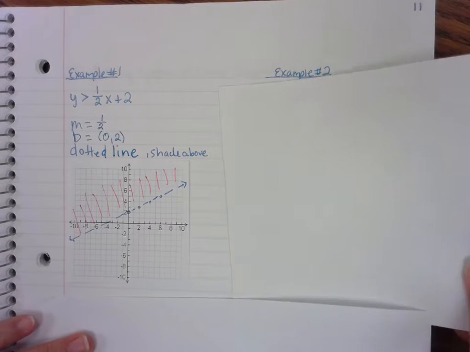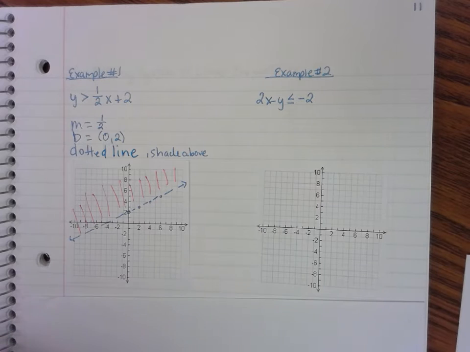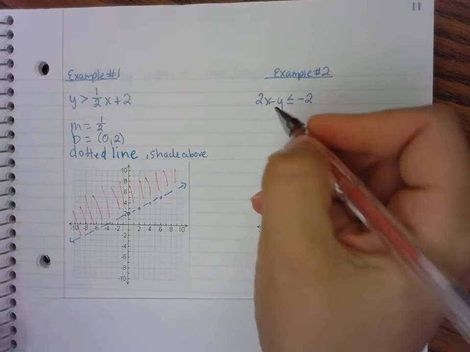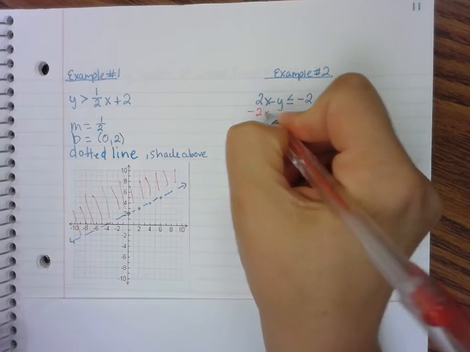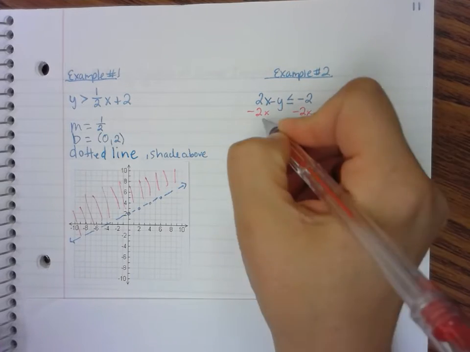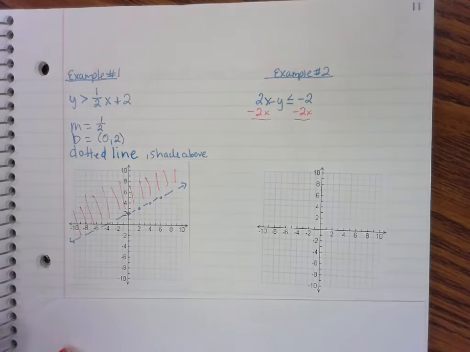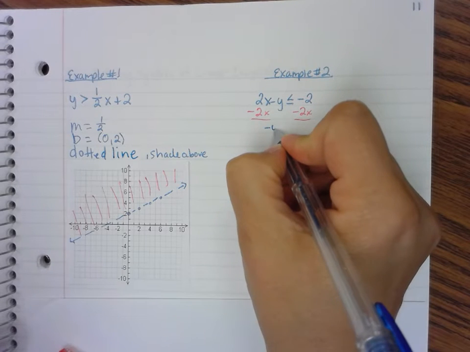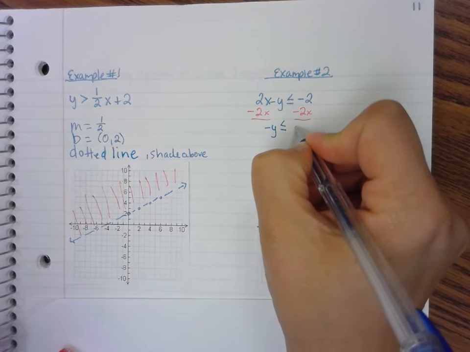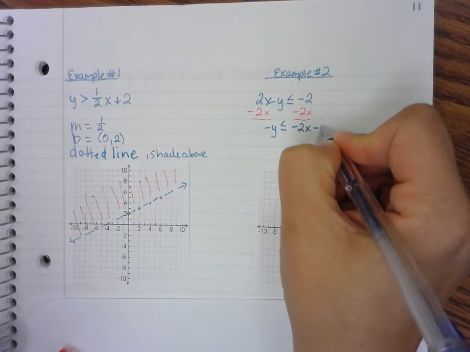Example 2 is not in the proper form, so in order for us to graph this, we need to actually solve for y first. So we are going to subtract 2x from both sides. That is going to leave me with negative y is less than or equal to negative 2x minus 2.